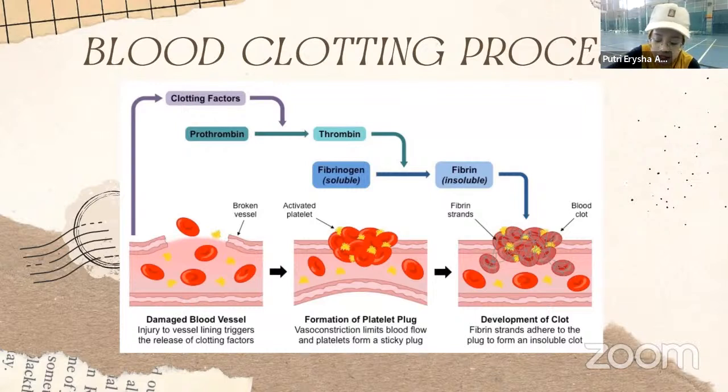This can be a small tear, and the blood vessel wall may leak. Next is vasoconstriction, where the blood vessel constricts to control the blood loss. It will limit the blood flow to the affected area.